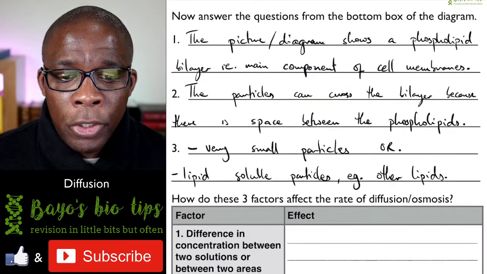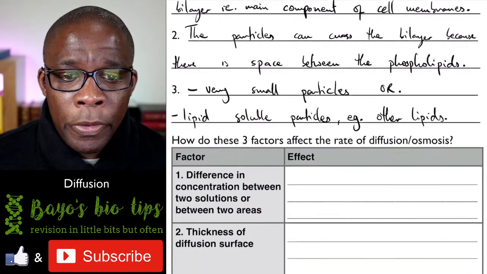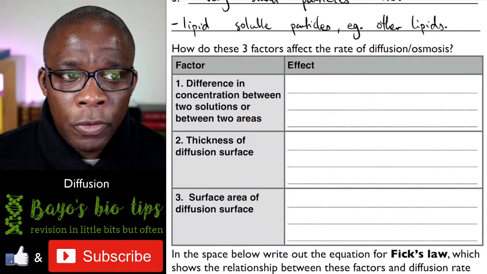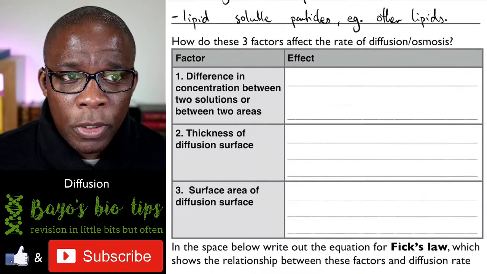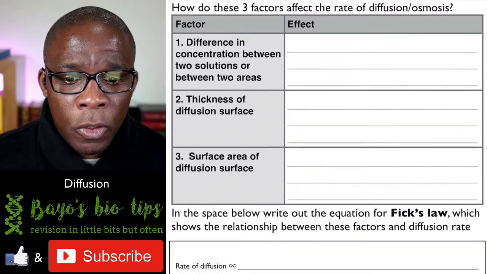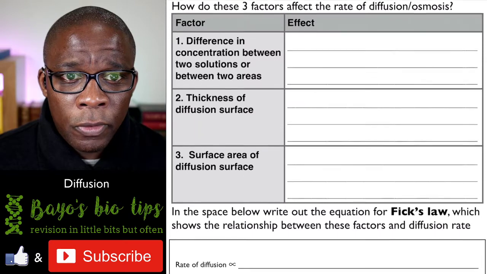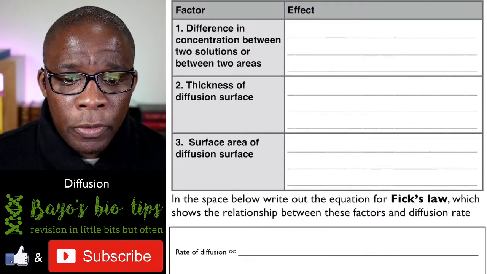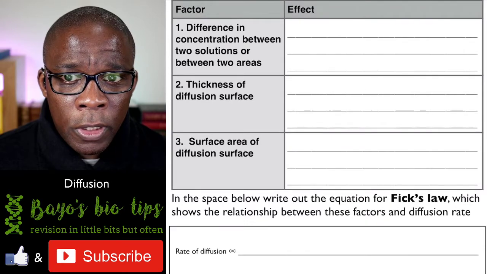Next, we're going to consider how three factors affect the rate of diffusion or osmosis. So I mentioned osmosis here. Osmosis is a special type of diffusion which we will talk about in a second video after this video.